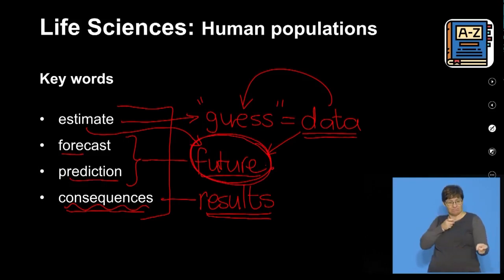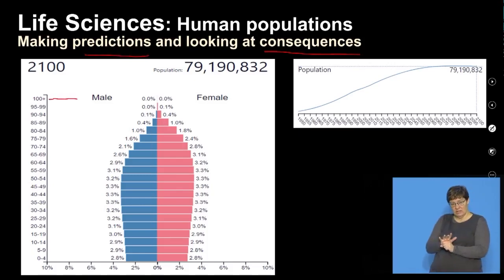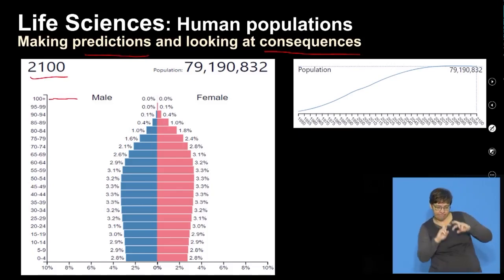So these are keywords that you're going to see associated with the next part of the work. Now, when we make predictions and we look at consequences, it means we're looking into the future, but based on patterns and data that we have from the past.